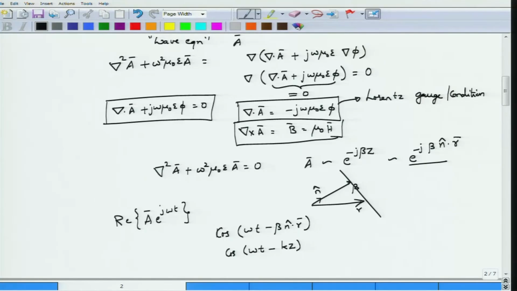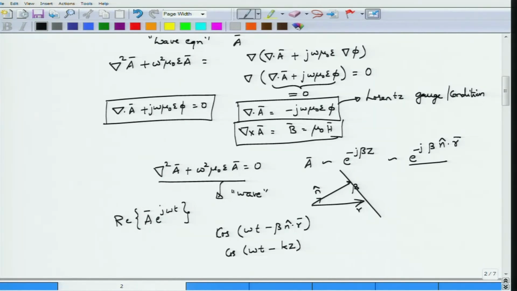So what we have in fact shown is that this is a wave equation and A will wave along a particular direction beta, and there is a corresponding propagation constant that we can define.